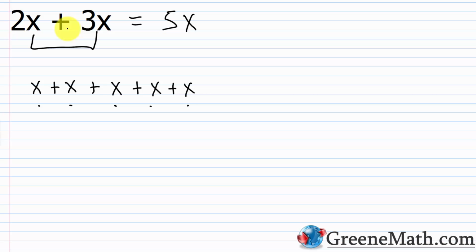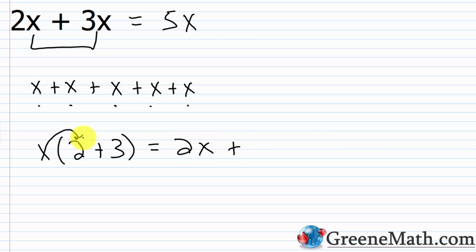Another way to kind of think about it, using the distributive property, and it involves factoring, which we haven't gotten to yet, but if I were to write this for you like this, let's say that I pulled the x out, which is common to both, and I wrote this as x times the quantity 2 plus 3, well, I could do 2 plus 3 first and get 5, multiply 5 times x, and end up with 5x. Or I could, again, distribute the x. X times 2 is 2x plus x times 3, which is 3x.